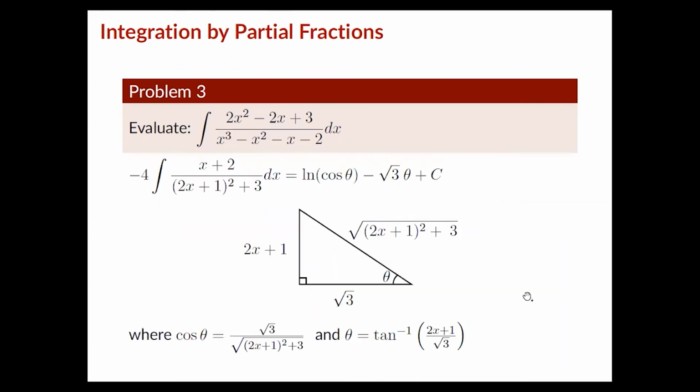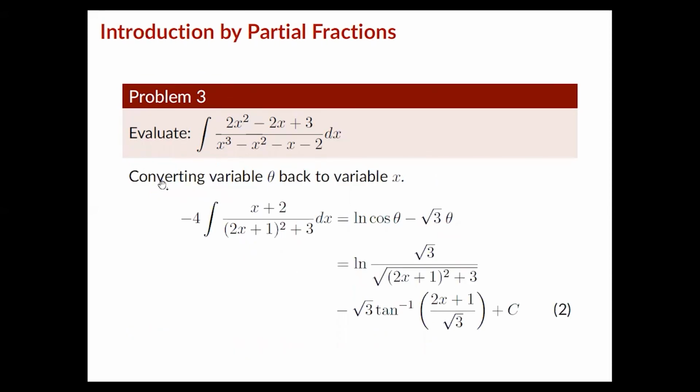Ngayon naman, gagawin naman natin yung trigonometric substitution na nga. On this diagram, we can see that cosine theta is equal to square root of 3 over the square root of 2x plus 1 squared plus 3. And our theta is the inverse tangent of 2x plus 1 over square root of 3. Ngayon, i-convert natin yung variable theta pabalik kay variable x.